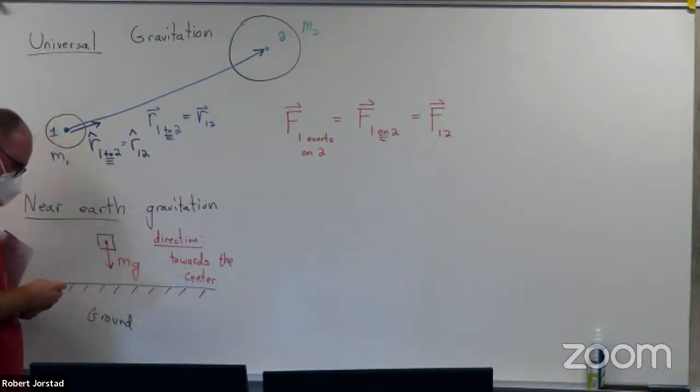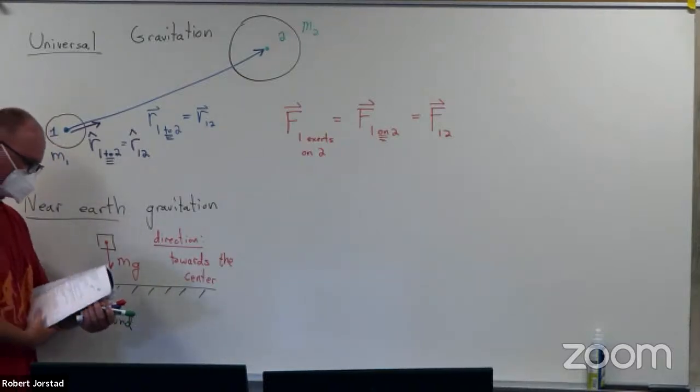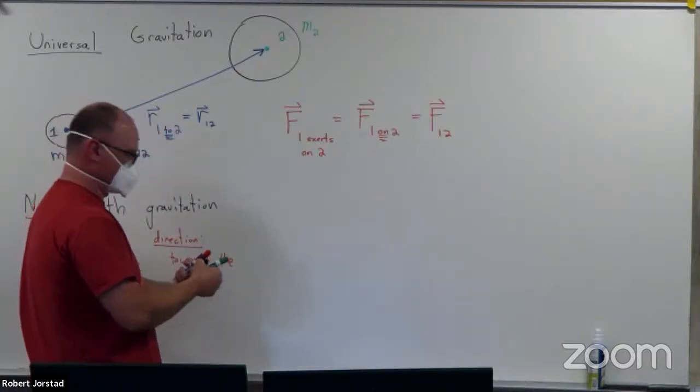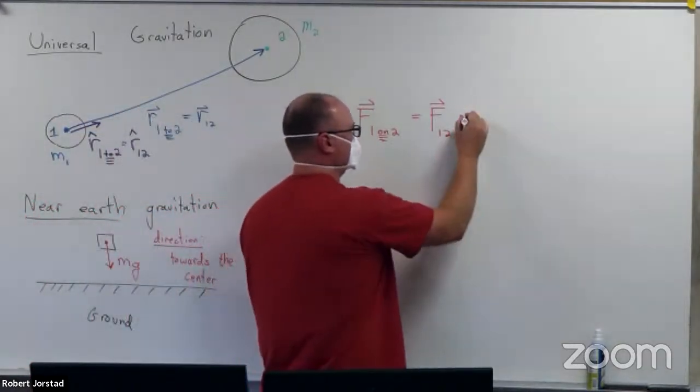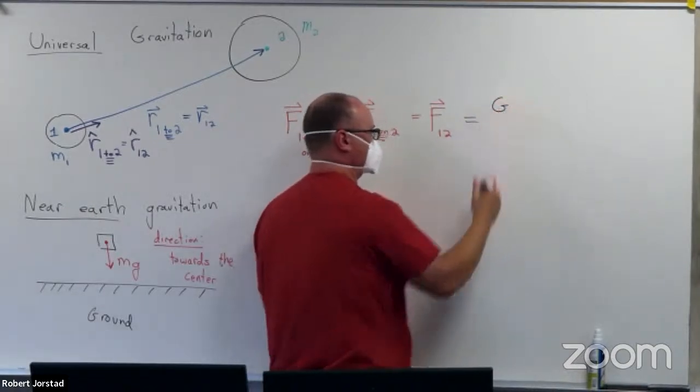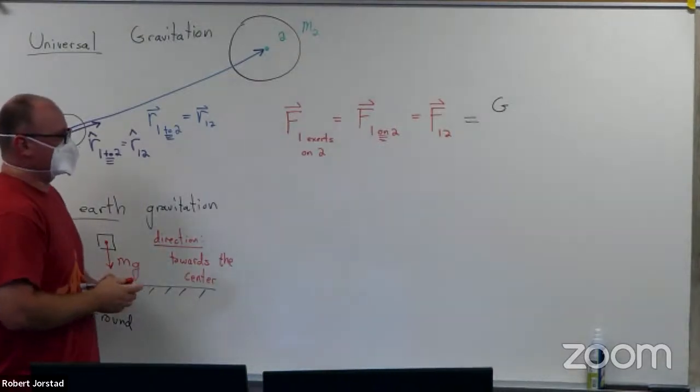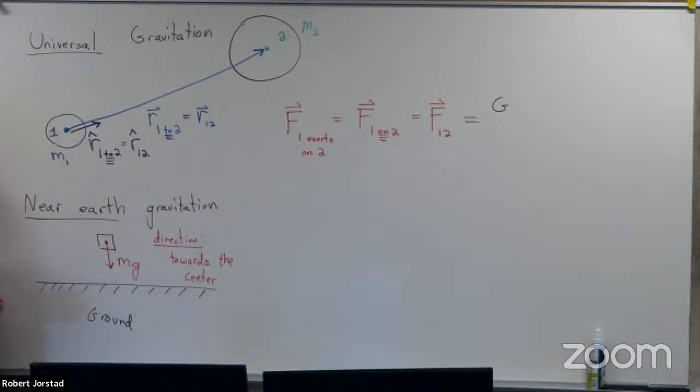Okay, so now, what does this relate to? Let's make sure I don't screw this up. There's going to be a constant. I'll explain that constant in a minute. This is called big G, not little g, big G. Okay? What factors do you think affect the gravitational force between two bodies?